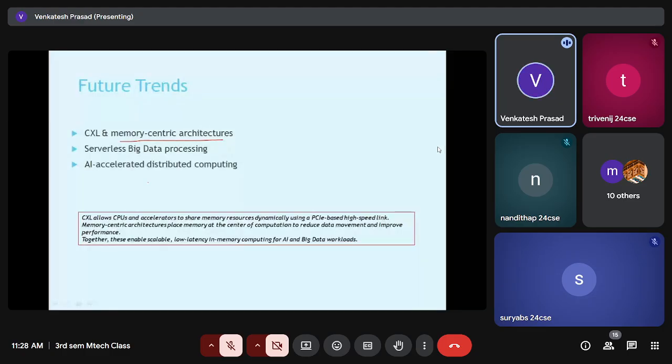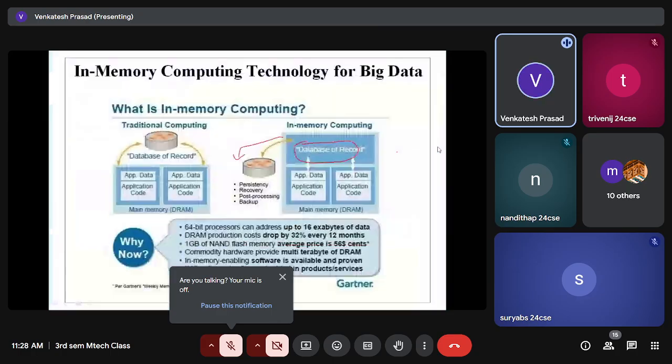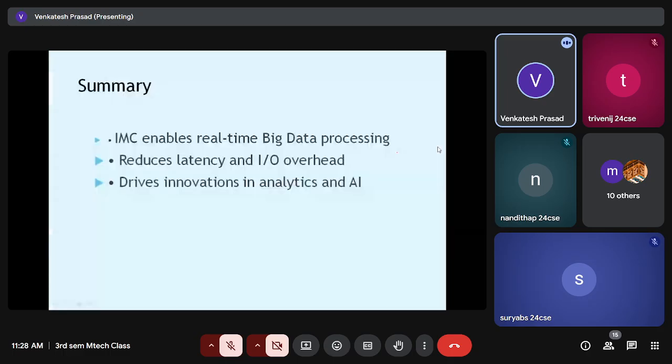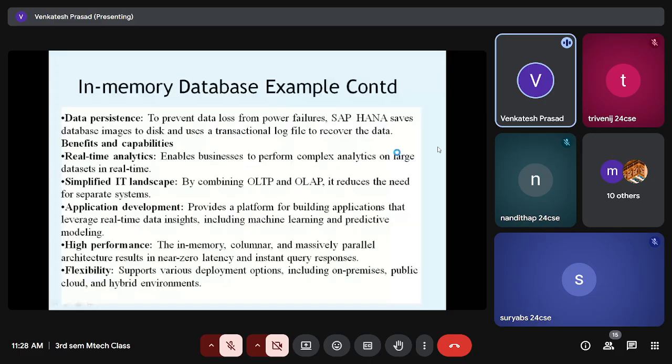Okay, what this CXL uses is that they are relying on the hardware. So it is basically nothing but Express Link. I think I mentioned it yesterday. Yeah, here it is. Compute Express Link. So that depends on the hardware. So it uses this PCI, peripheral communication interface.